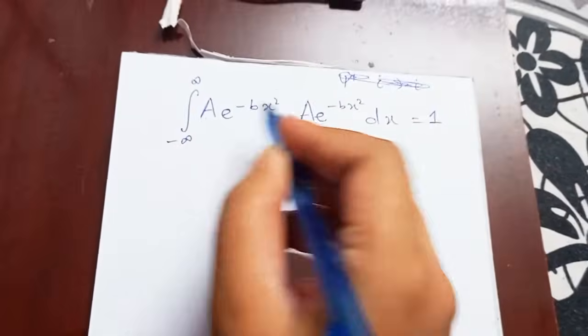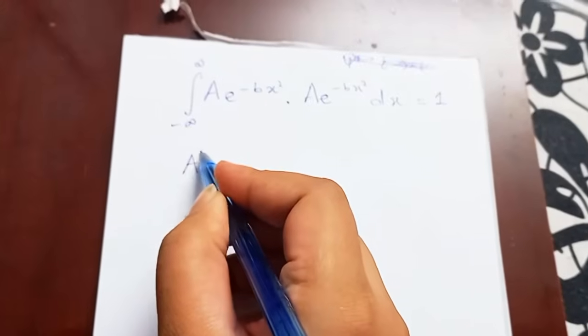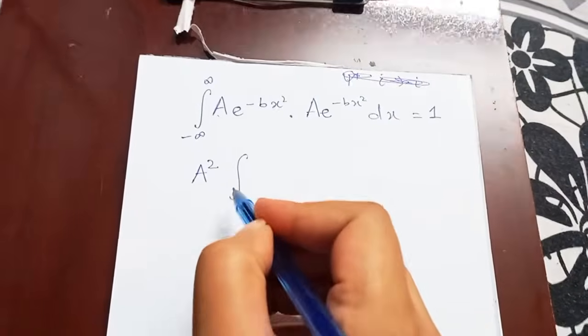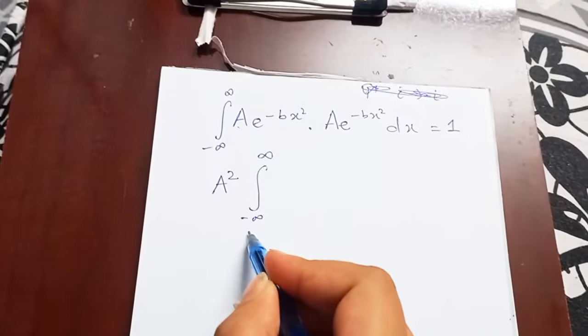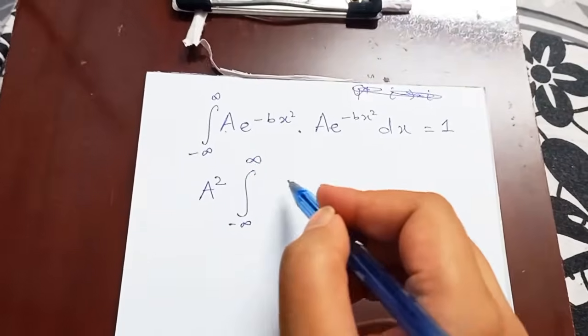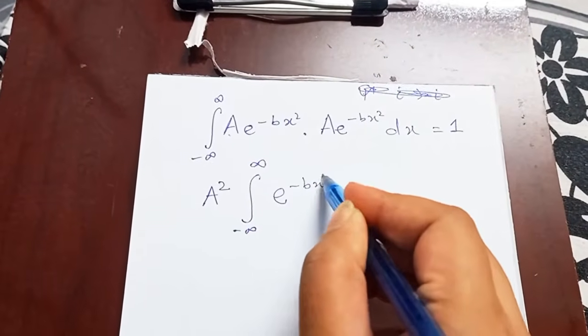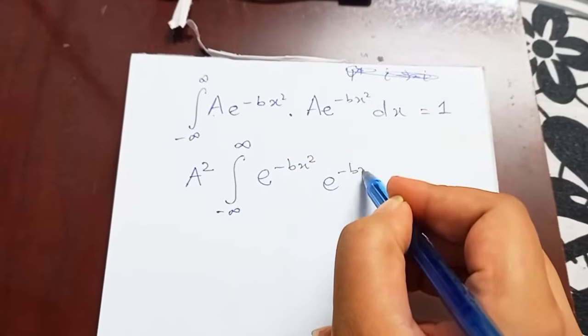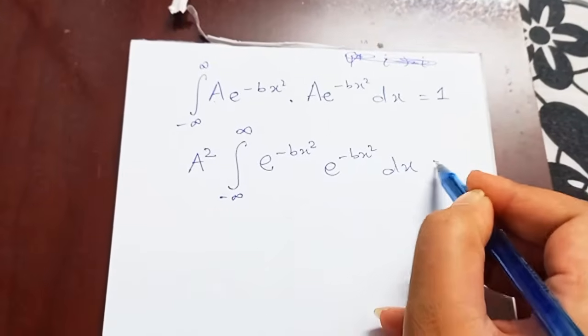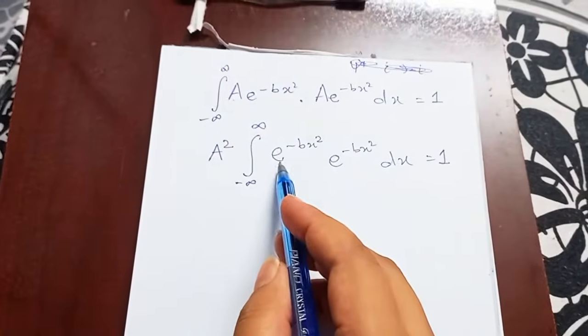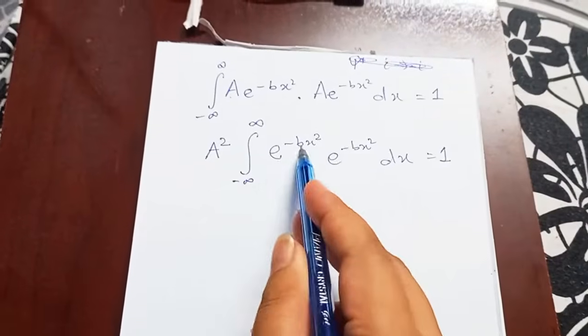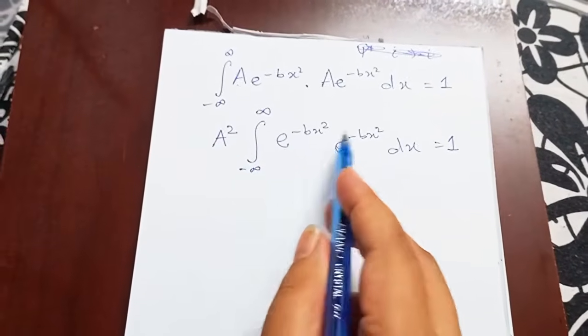So this a and a becomes a square, and since it's a constant, it will come out of the integral, and we have the integral from minus infinity to infinity of e to the power minus bx square, and one more exponential, e to the power minus bx square, equals 1. Now when bases are the same, powers get added.